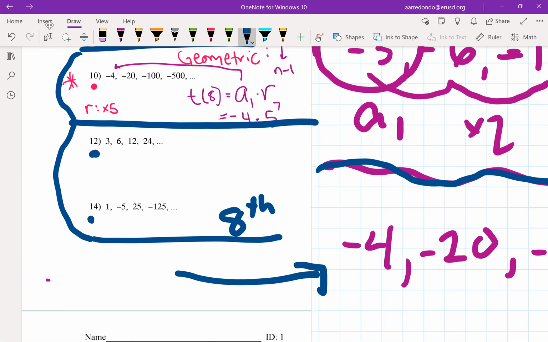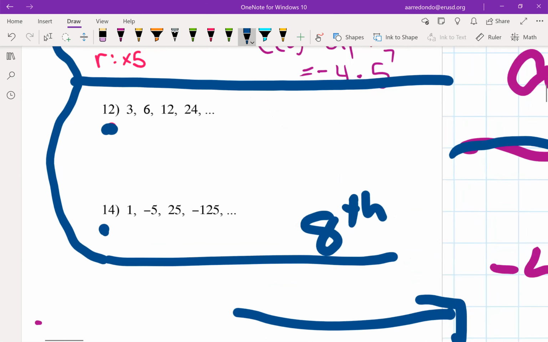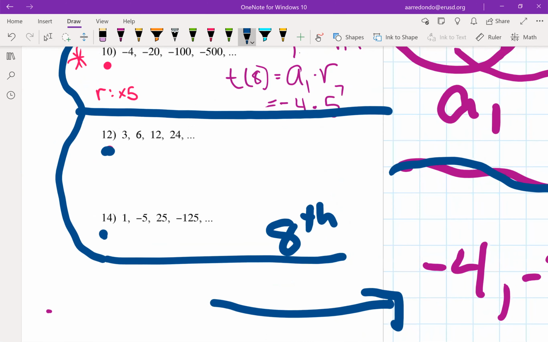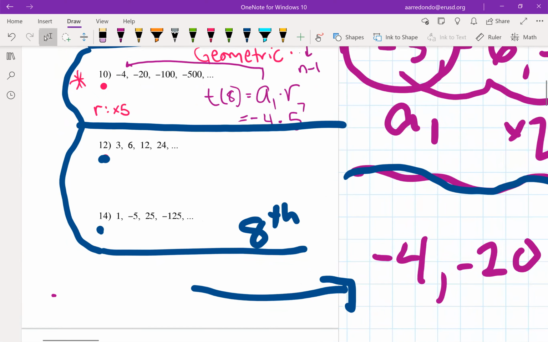I hope I'm sharing this. Yes, good, I am. Okay. So those are your take-home practice ones: 3, 6, 12, 24, and 1, -5, 25, -125. You can ask in class when we start class next time.